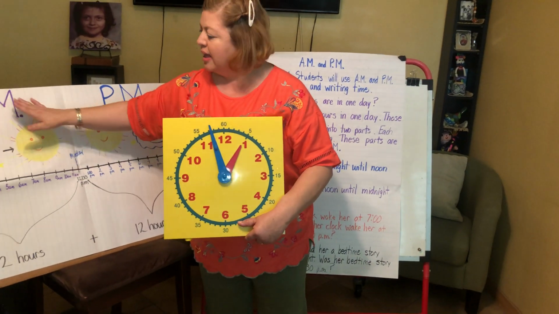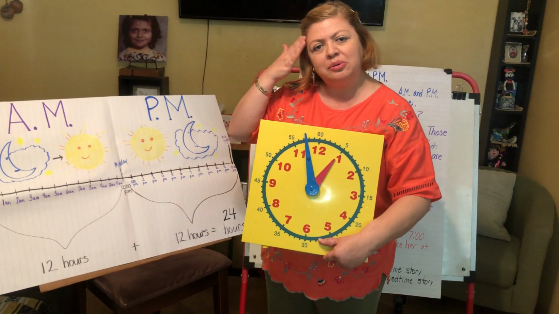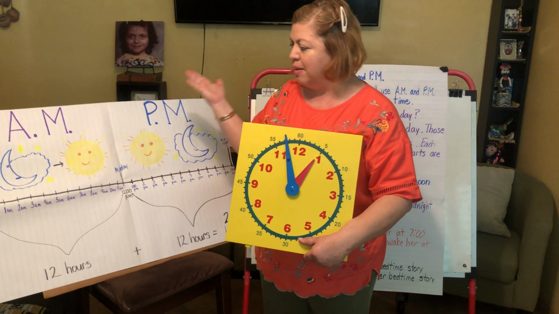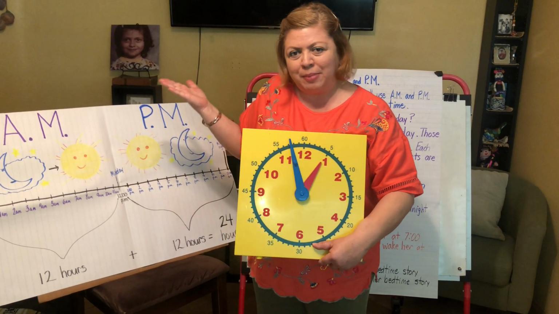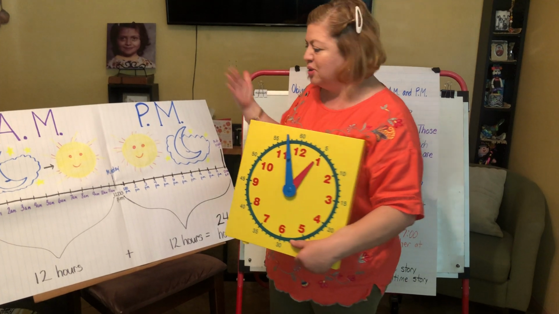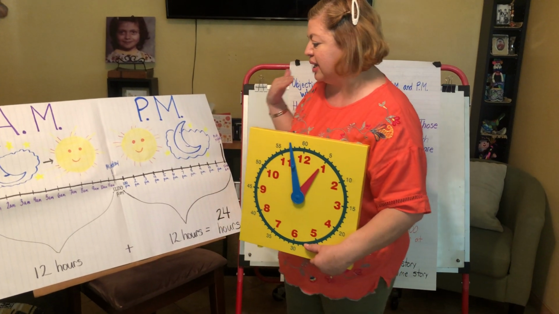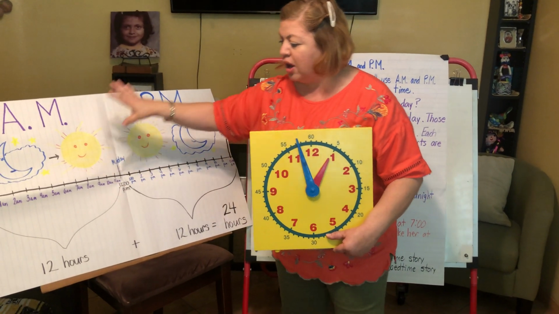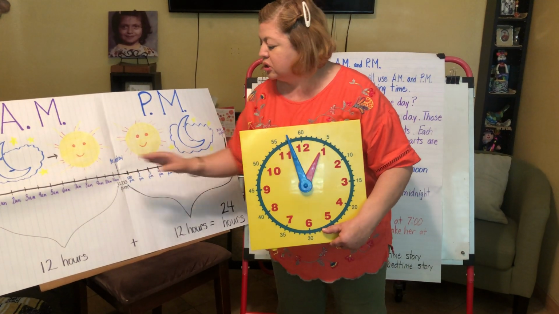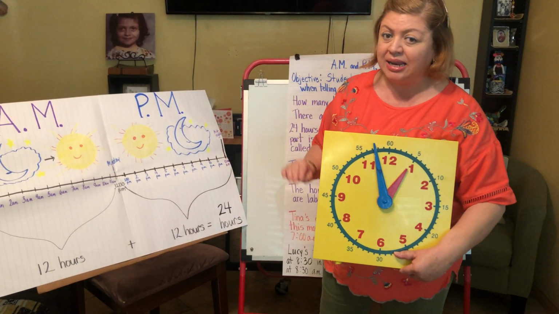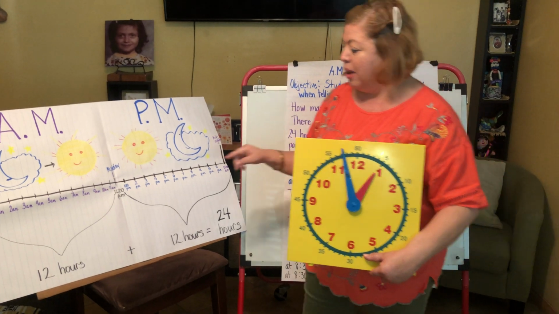Antes de mediodía. That's what I use to remember what AM is. Of course, I already know it by heart, but when I was a kid, I used that to help me understand it. So 12 midnight to 11:59 is our AM.